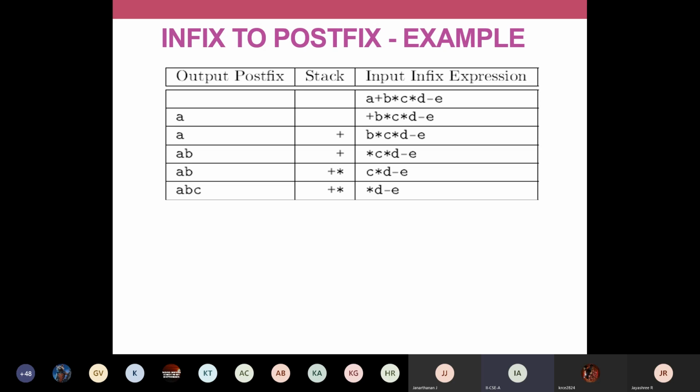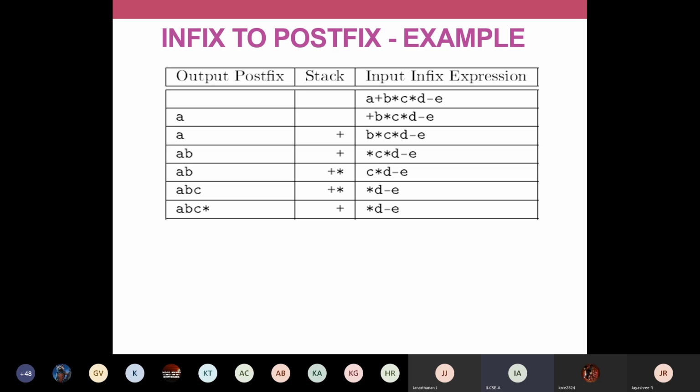So whenever we are popping symbols, we pop stack content while the stack content has greater or equal precedence. Then you push the input token into your stack. So I'll remove this star from the stack top and place it into the output. Once again, this is a while loop.